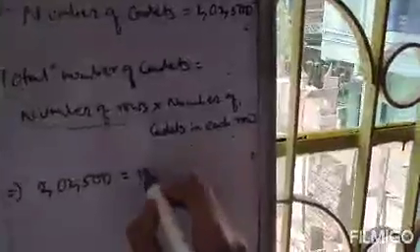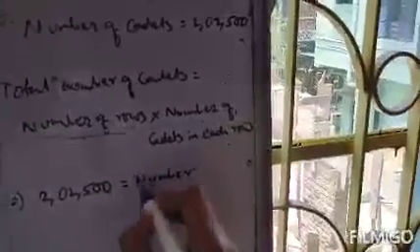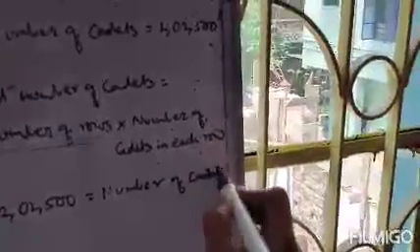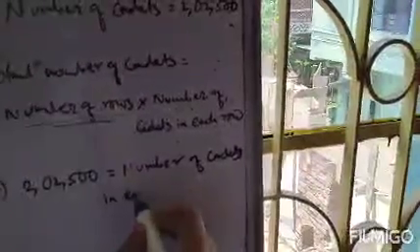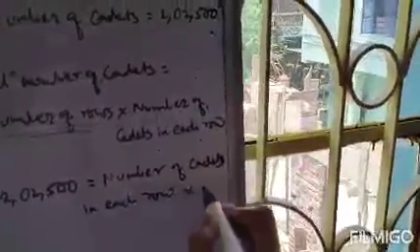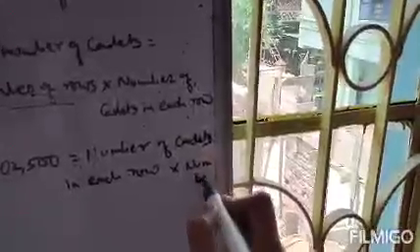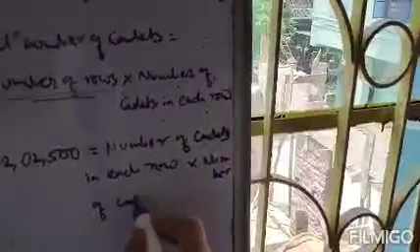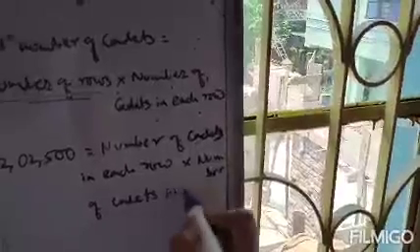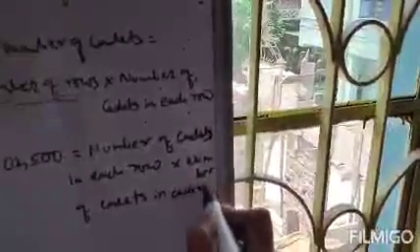So this will be number of cadets in each row into number of cadets in each row.